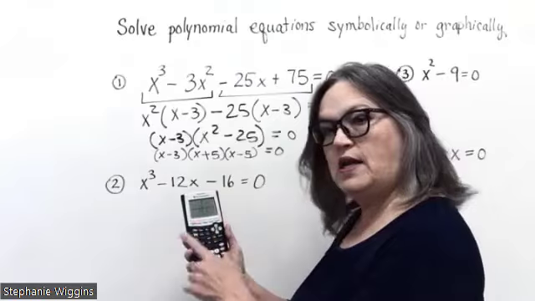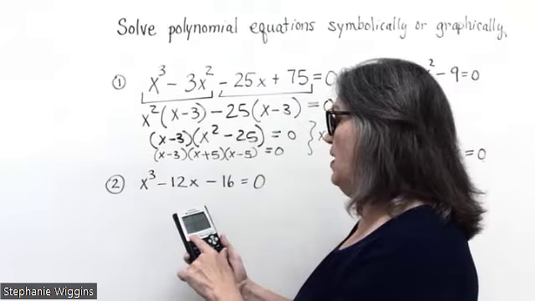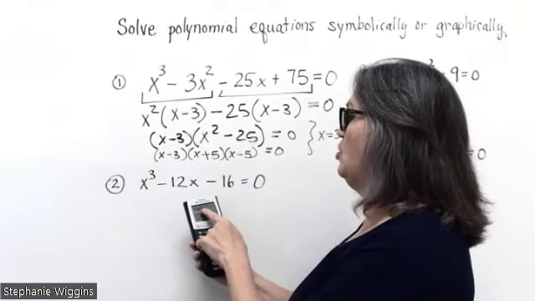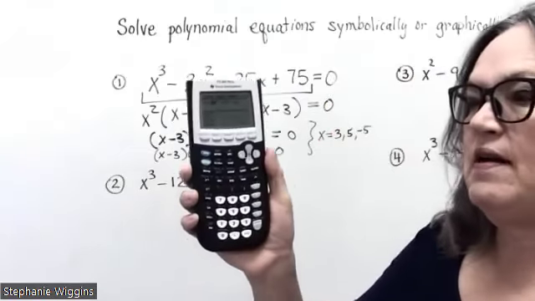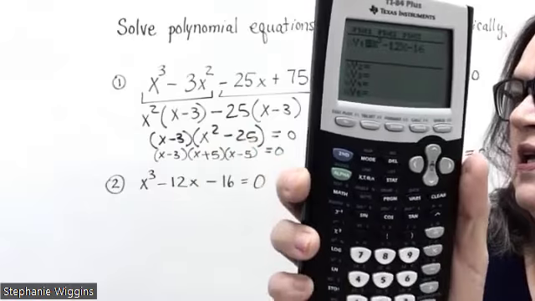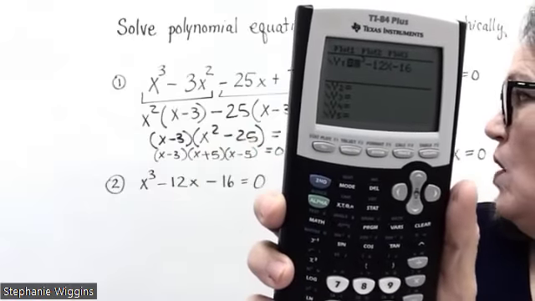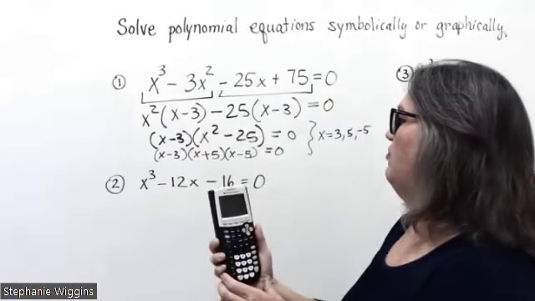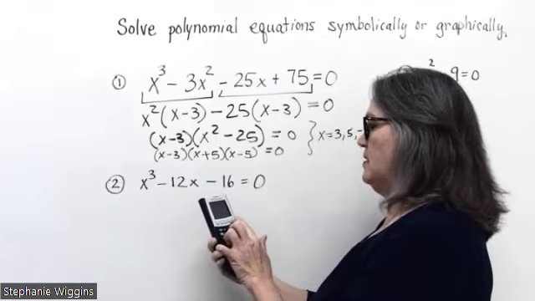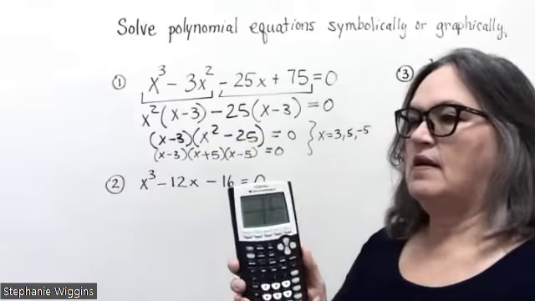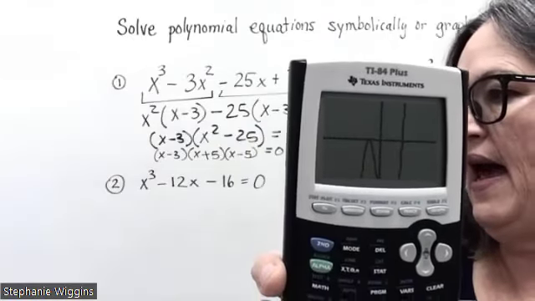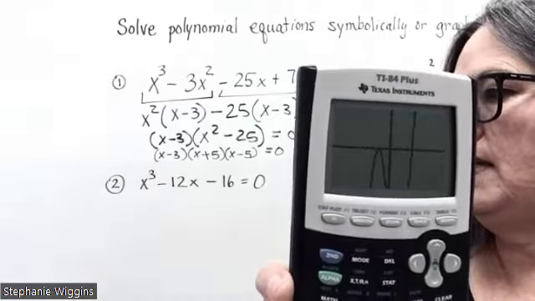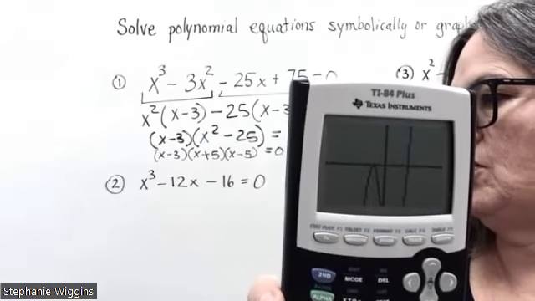I've already entered in the function. I put x cubed minus 12x minus 16 into my y equals function, and then I select graph, and you can see that I have 2 x-intercepts.